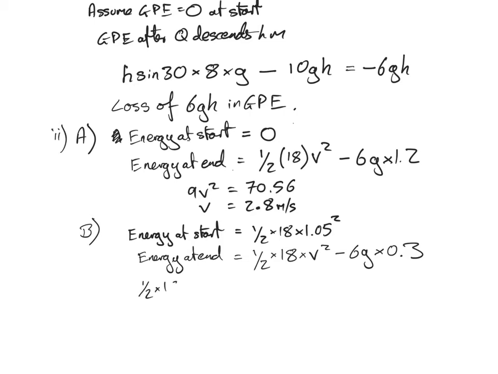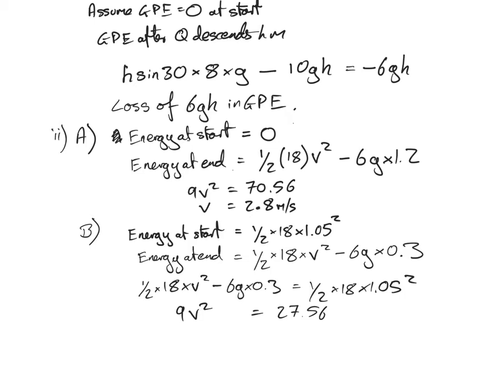So we've got a half times 18 v squared minus 6g times 0.3 equals a half times 18 times 1.05 squared. 9v squared equals... V equals 7/4 or 1.75 meters per second.